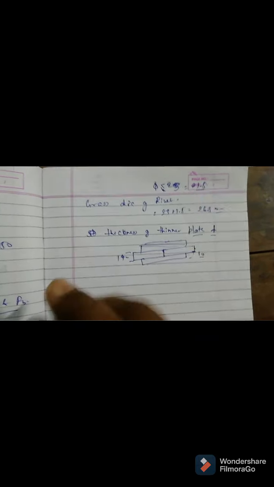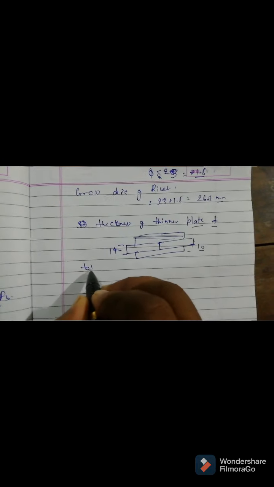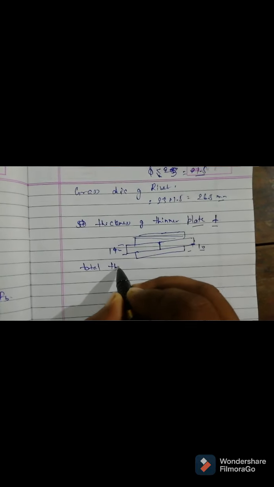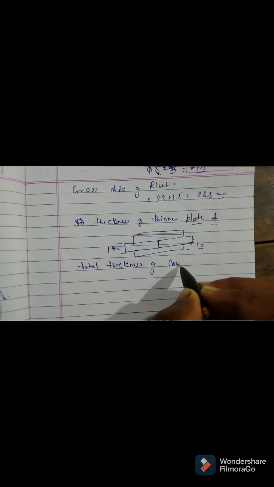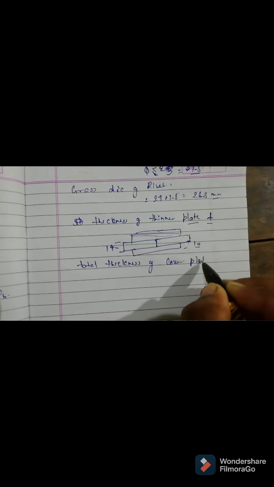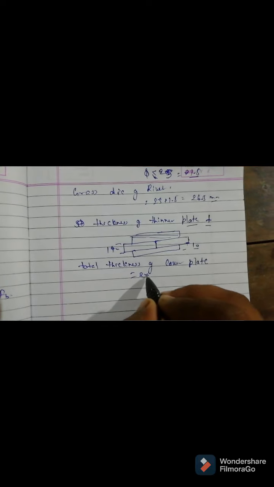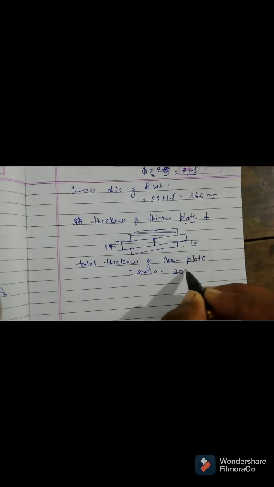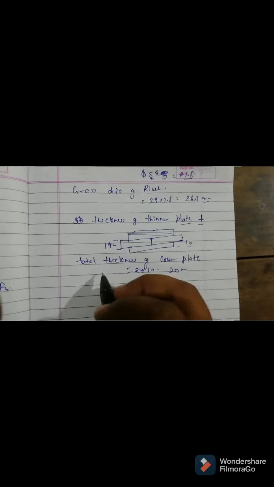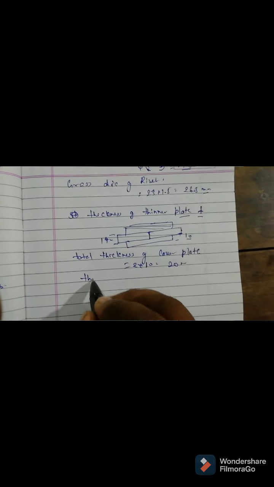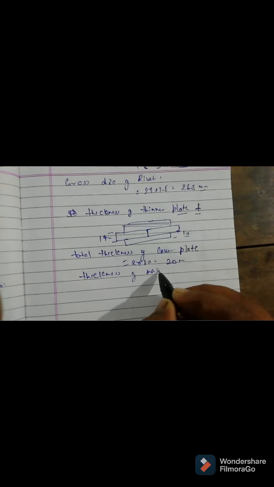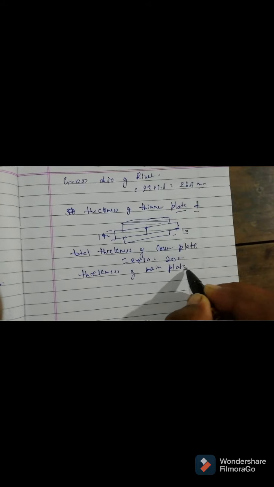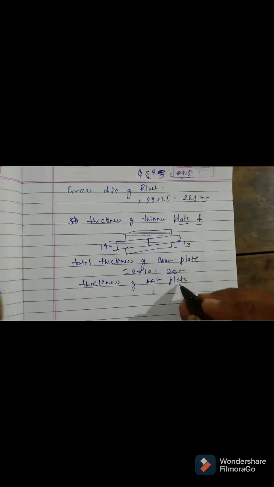So here the total thickness of cover plate is 2 times 10, that is 20 mm. Thickness of main plate is 14 mm.